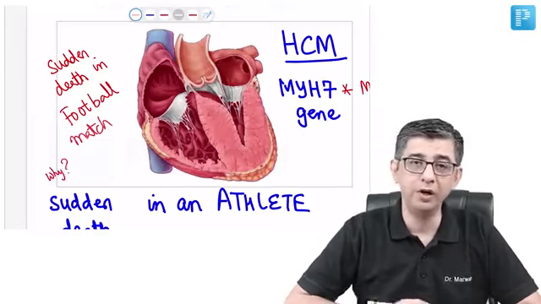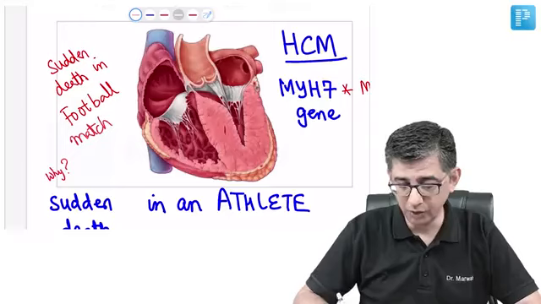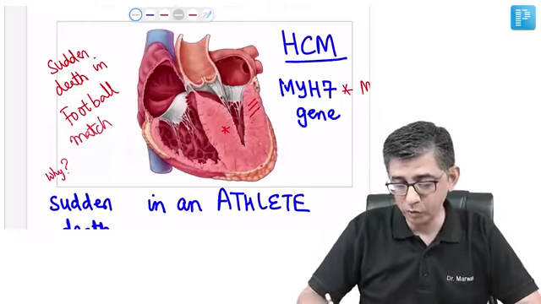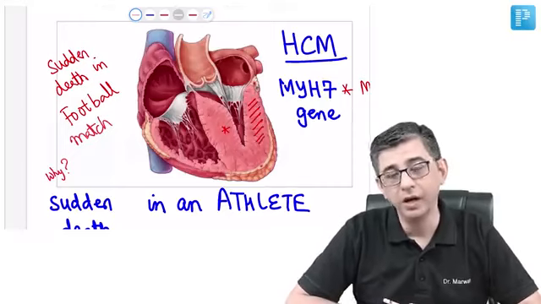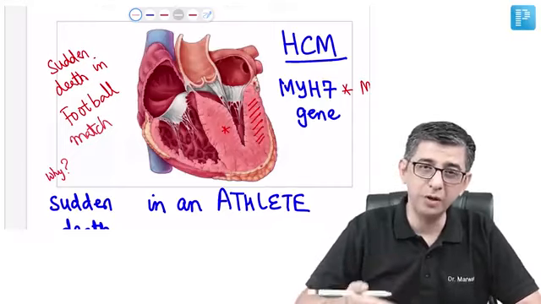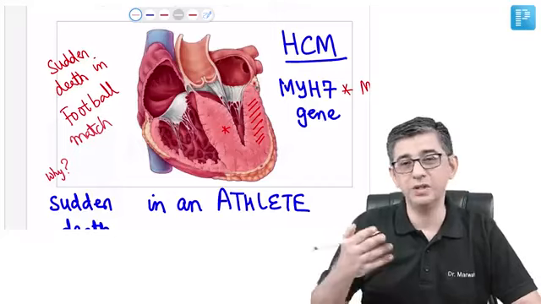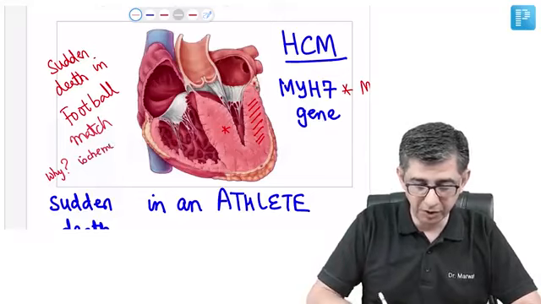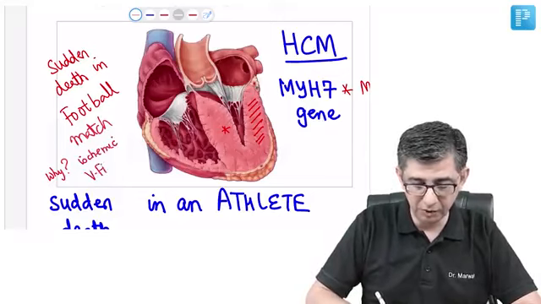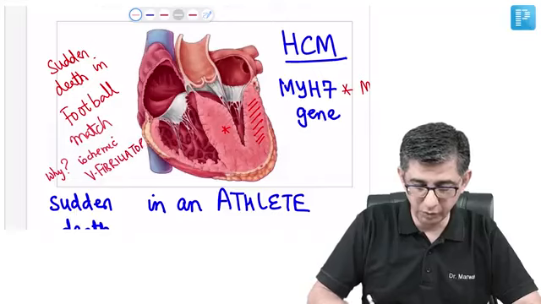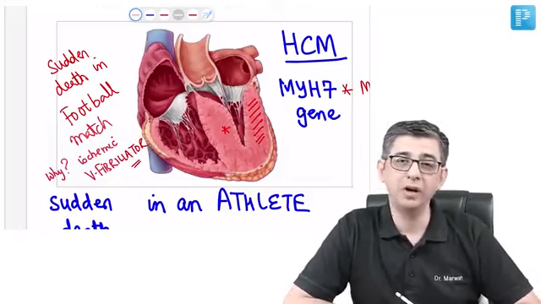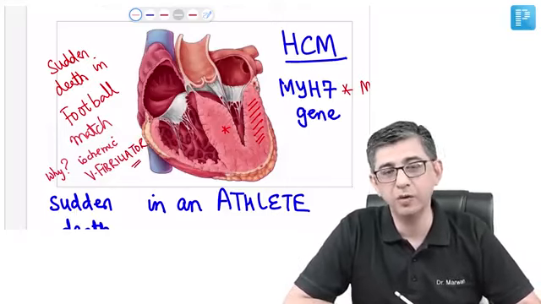You very well know that in hypertrophic cardiomyopathy, because you have asymmetrical septal hypertrophy, you have a lot of hypertrophy, useless muscle in the free wall of the heart, as a result of which the oxygen demand of the heart is more. So when this guy tries to run faster, it will trigger an ischemic ventricular fibrillation, and in the absence of a defibrillator, which will usually not be available in most football matches, at least in India, this guy is not going to make it to the hospital and would usually become brain dead in the first 4 minutes.